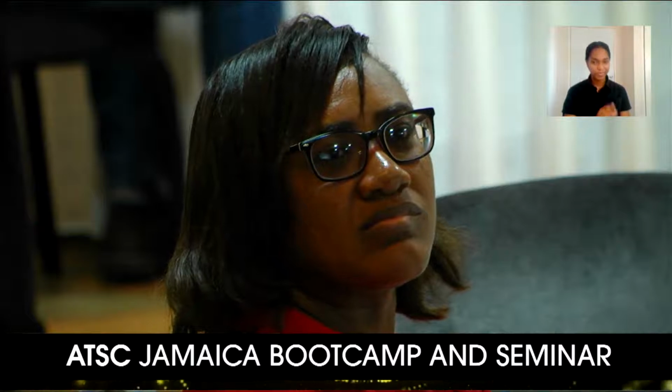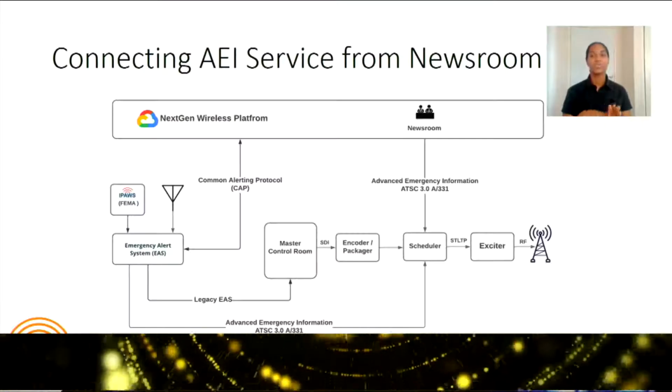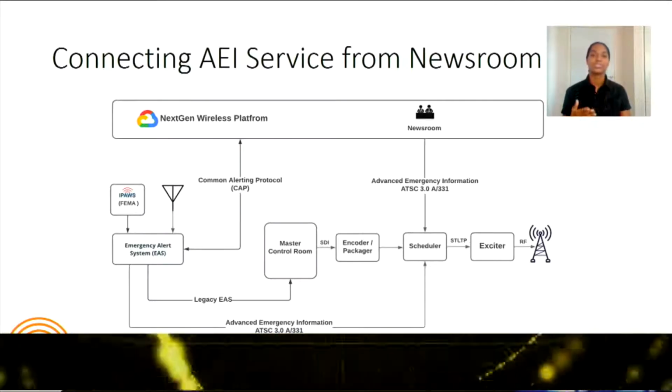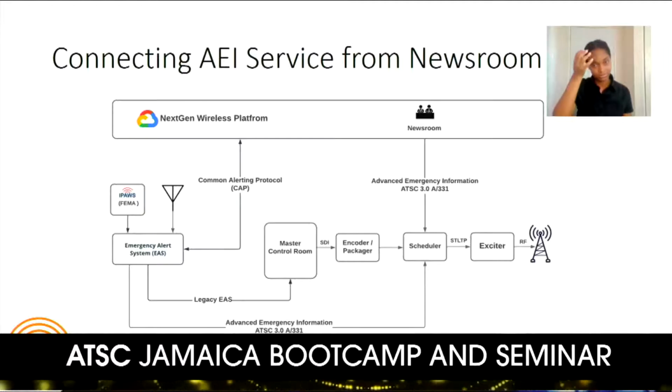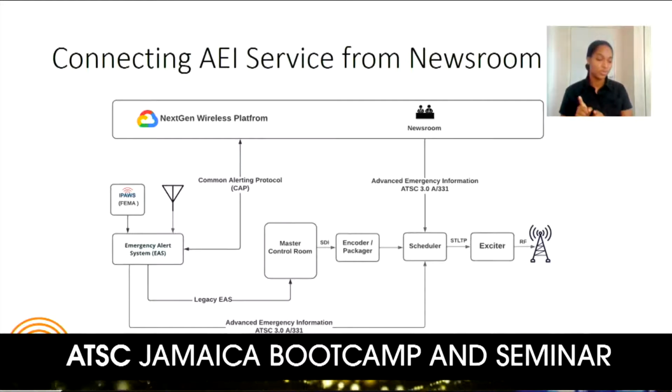Oh, thank you. So this protocol is very, very important. This is the A331 that we use to deliver the NRT information. And also on our IP network from newsroom to the system, we also use our own protocol to deliver.